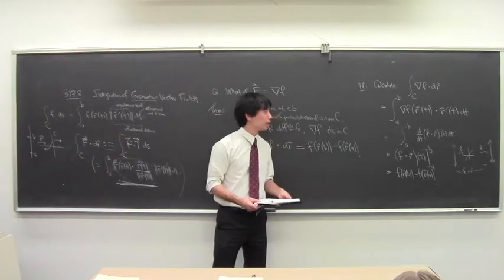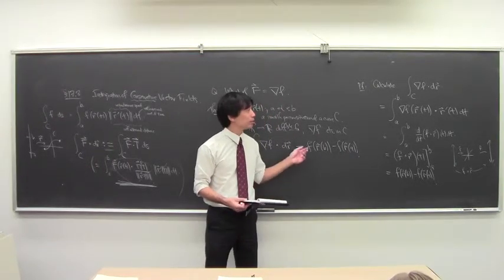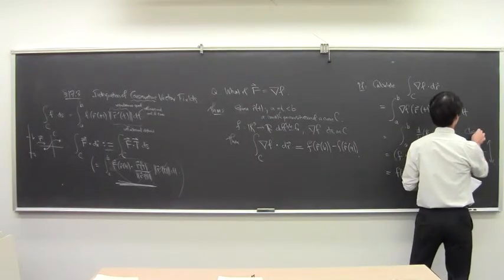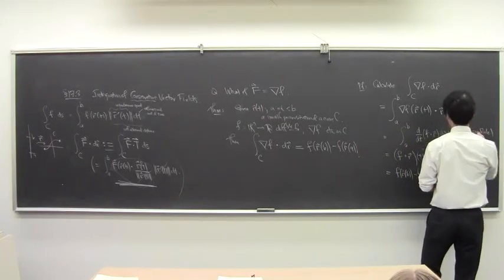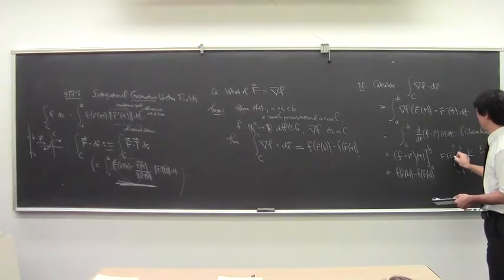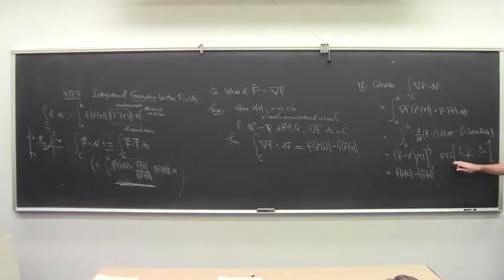Okay, so it's just a calculation. Calculation plus the chain rule, right? So this is by the chain rule, and then this is by your old one variable fundamental theorem of calculus.